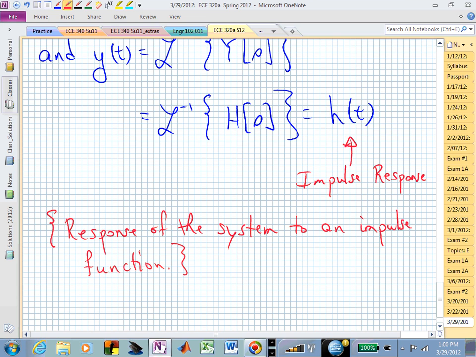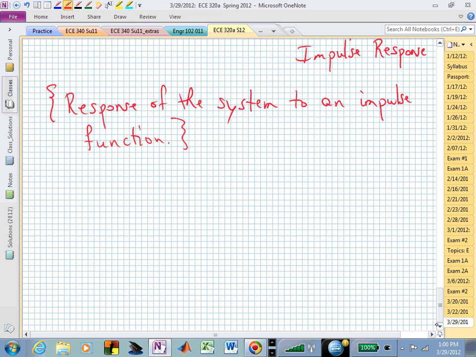And you guys know how to find transfer functions from a circuit after today's lecture, or after today's homework assignment. You can find the H of s. And you should be, by previous homework assignments, able to inverse Laplace transform that to obtain h of t. Now you have the h of t. Somebody gives you the x of t. Now we want to know what's y of t.